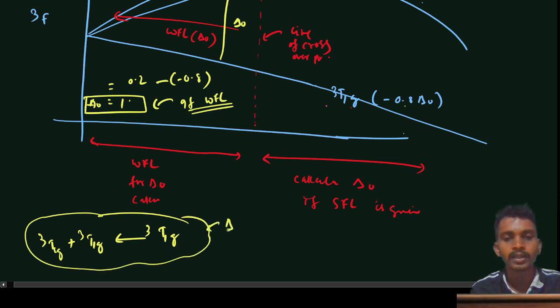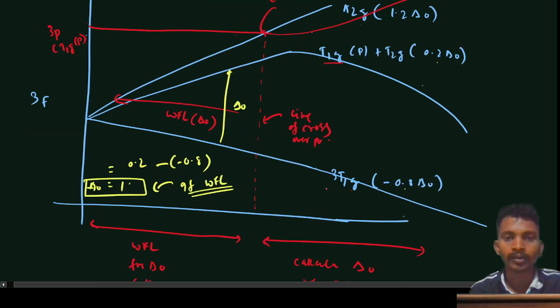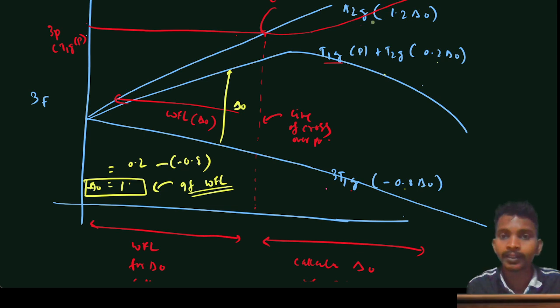Here we will calculate the delta naught. And if it is a strong field ligand, we will look after the crossover point. So here this gets bent, this gets bent. So we can't calculate by taking this and taking this. This is straight, and also this is straight.